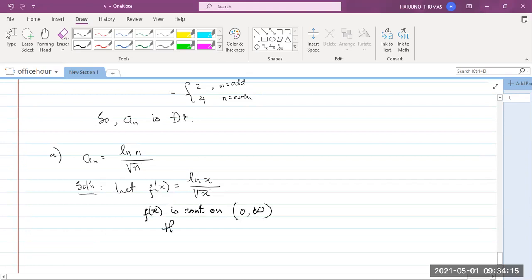Therefore, f(x) is continuous on 1 to infinity. Note that this f(x) is the continuous superposition function of the sequence.